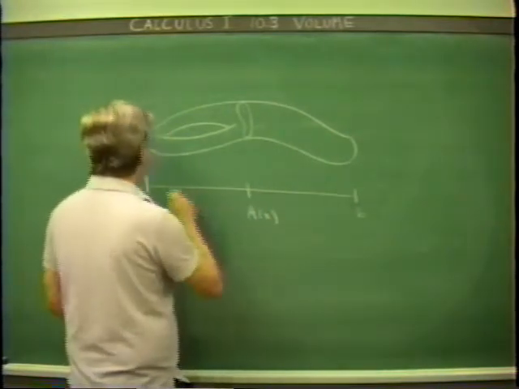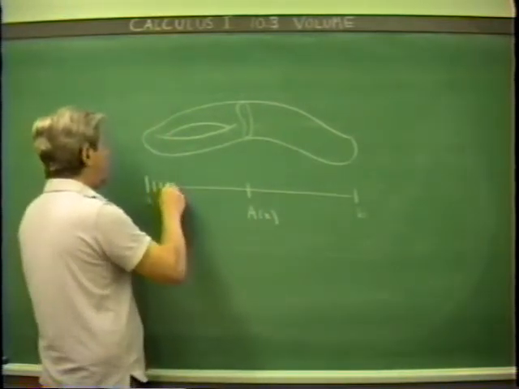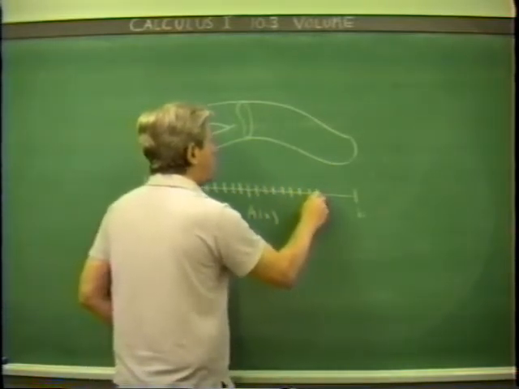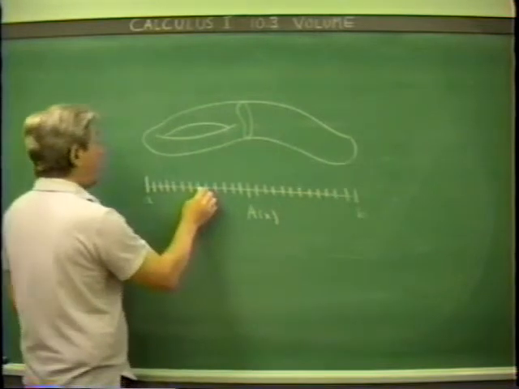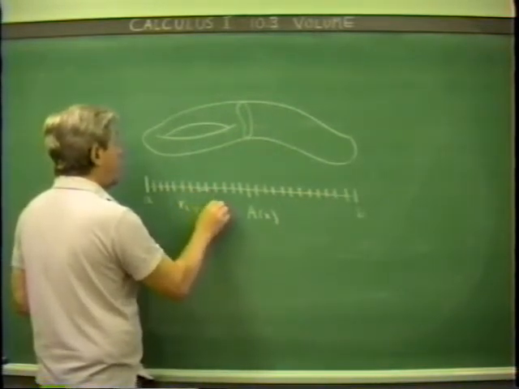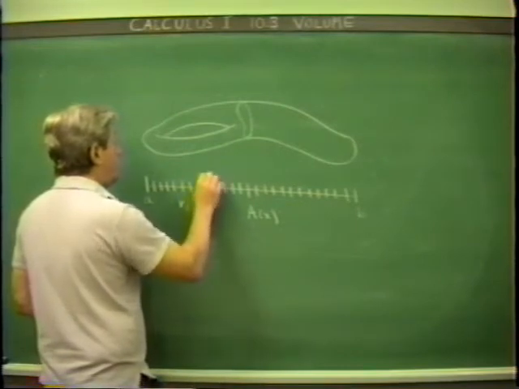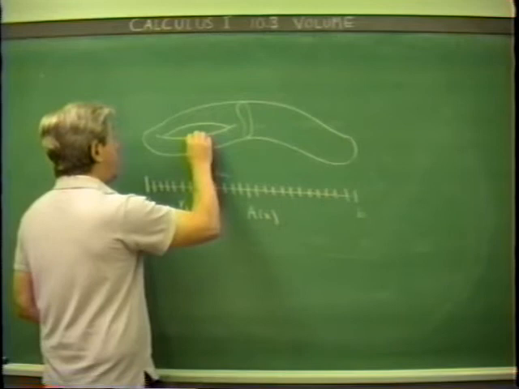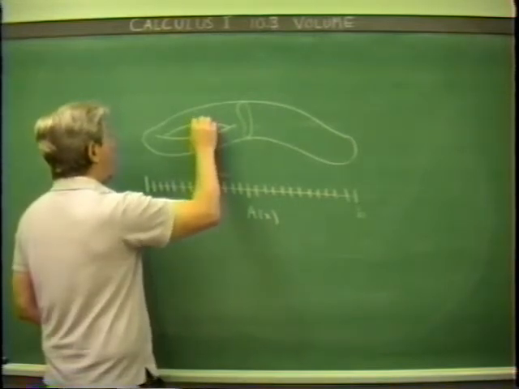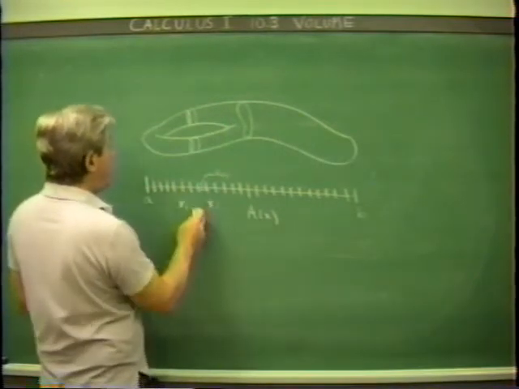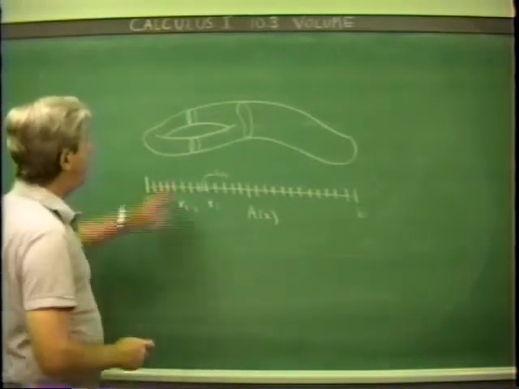This is because in order to compute the volume, what you'd want to do is to partition the interval between A and B. For a particular interval in the partition from xi minus 1 to xi, you'd wish to choose a point wi, and you now look at the volume between xi minus 1 and xi.